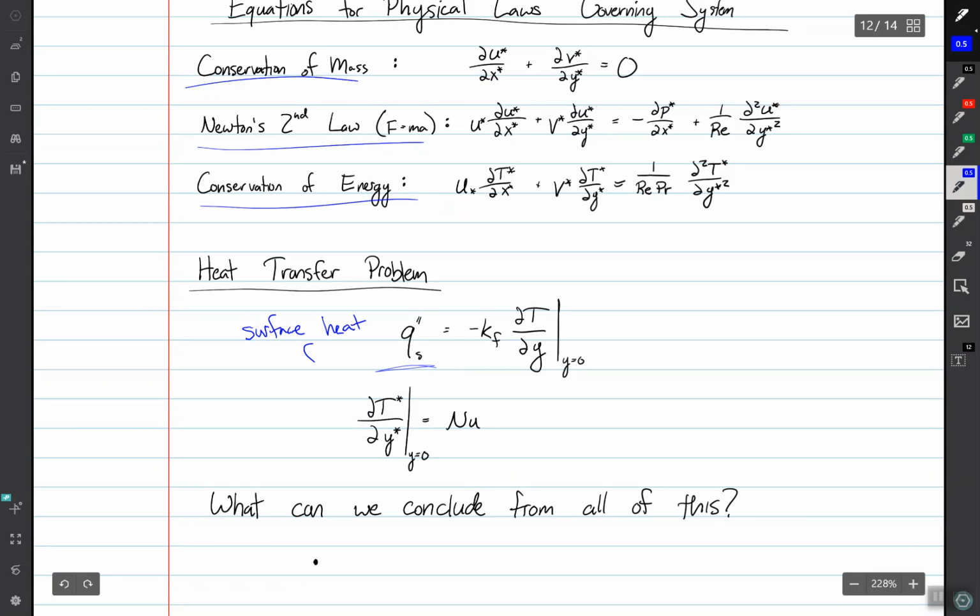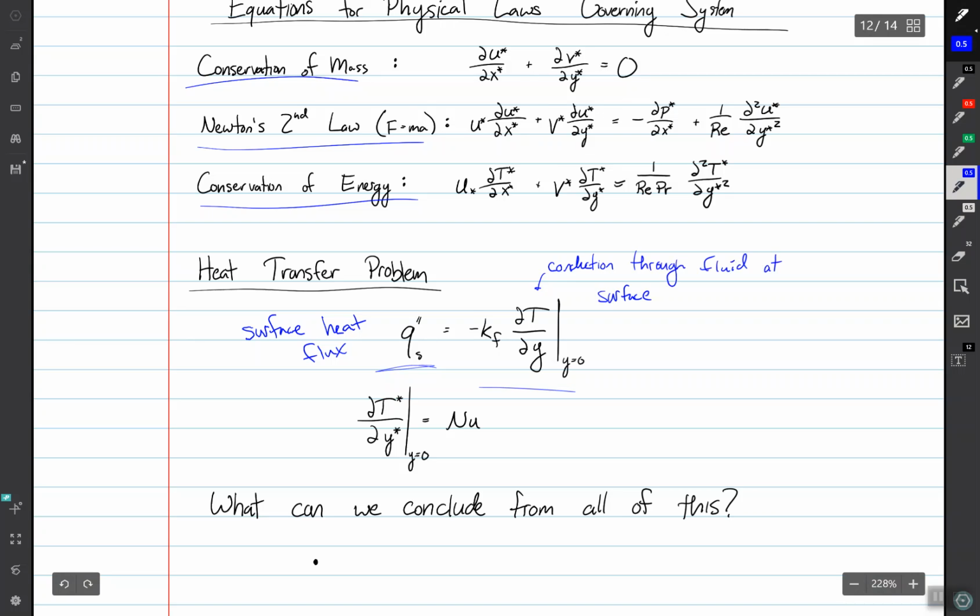The surface heat flux we know from before is equal to, one way to talk about it, conduction through that first layer of fluid, conduction through fluid at the surface, through that stagnant layer of fluid that's right at the surface.